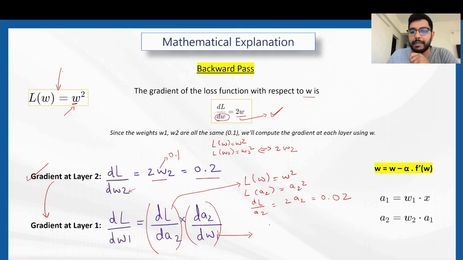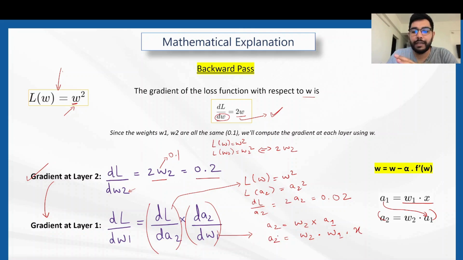A2, as we see from this particular thing, is equivalent to W2 cross A1. Right? Now A1 can be written as W1 cross X. So this would essentially become W2 cross W1 cross X, A2.